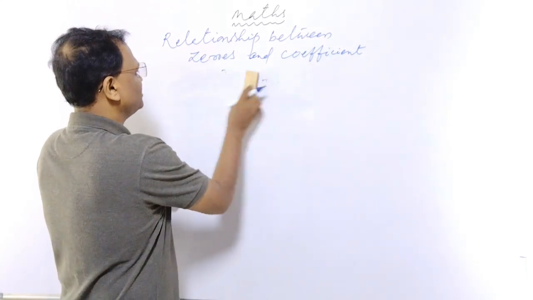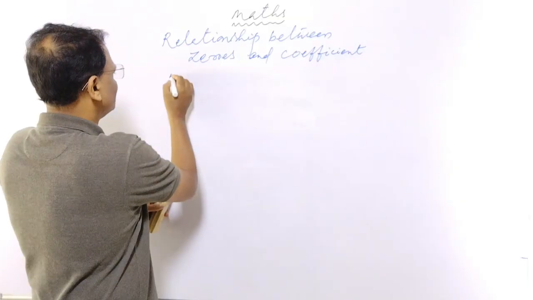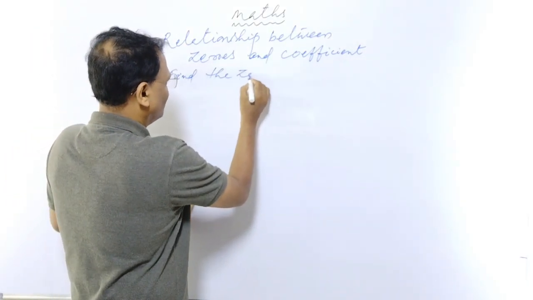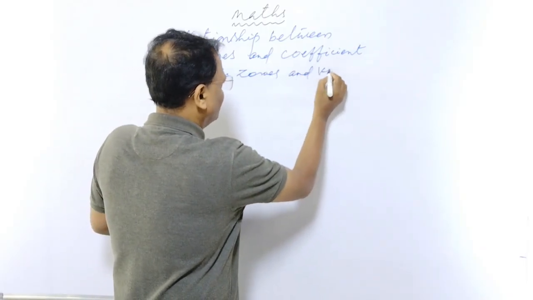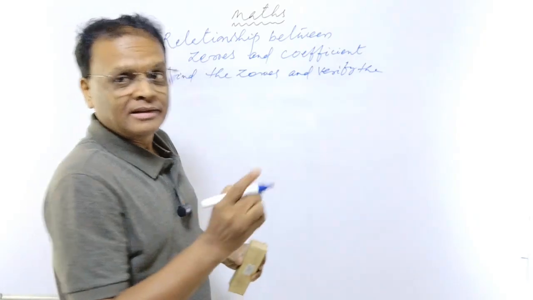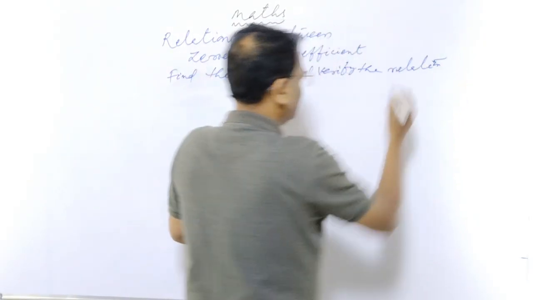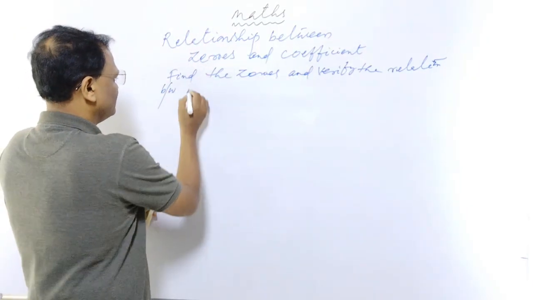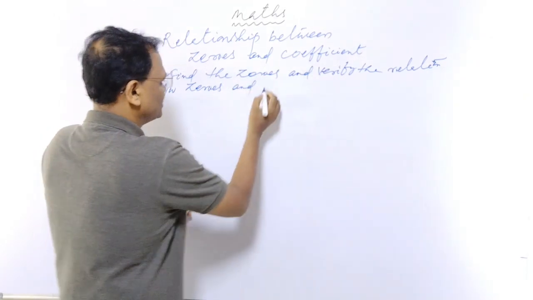So let me write the complete question. So what is the question? Find the zeros and verify the relation between zeros and coefficient.